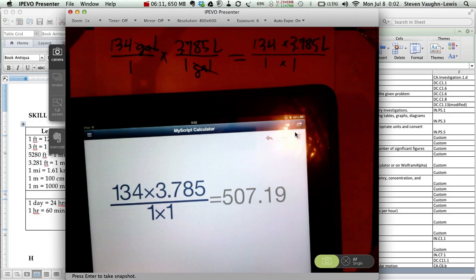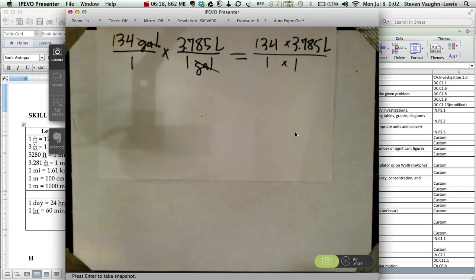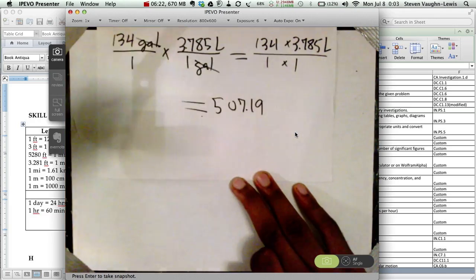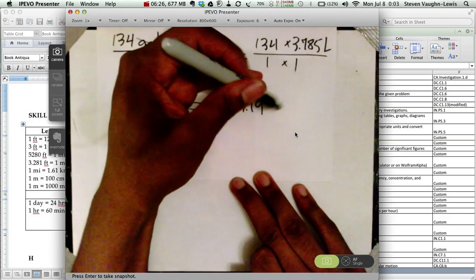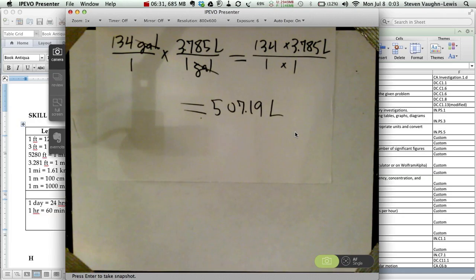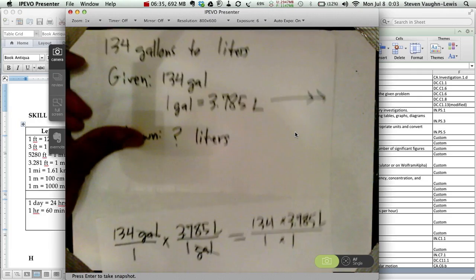And there we go. That's my answer. 507.19. And gallons cancels out. The only thing left is liters. So the answer is 507.19 liters. And that is how we solve our problem.